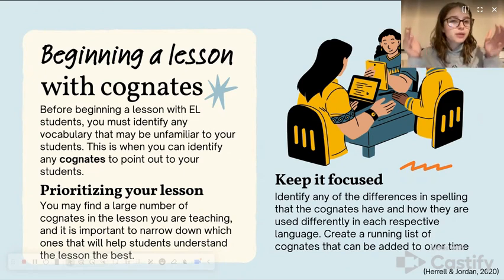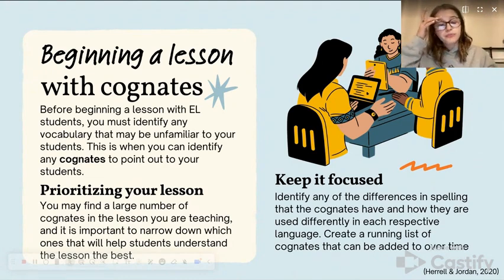You just want them to be able to understand the little concept they're learning in that moment, and you want to keep it very focused. Identifying any of the differences in spelling that the cognates have and how they're used differently in each respective language is really important. And then again, create that running list of cognates that they can add to over time.